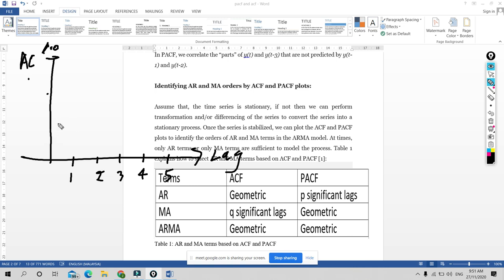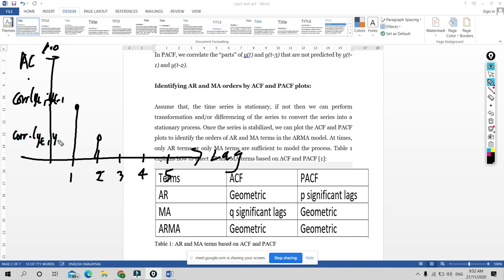Okay. The idea there, in other words, you plot the correlation against lag. Depend on how many lags, you can use a maximum of 30 lag depending on how you want to interpret that.